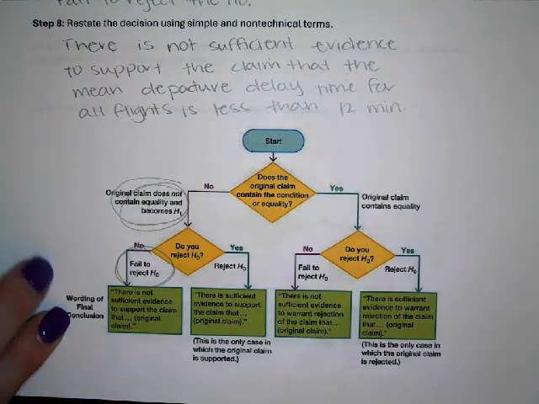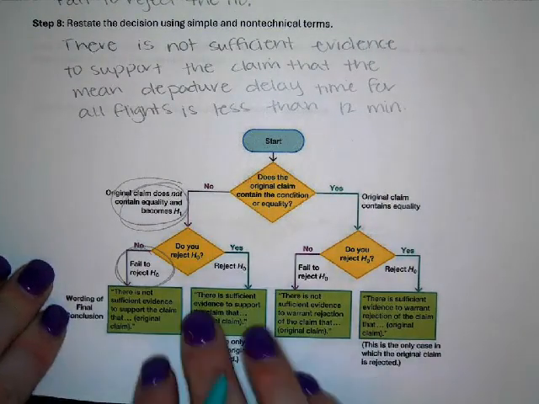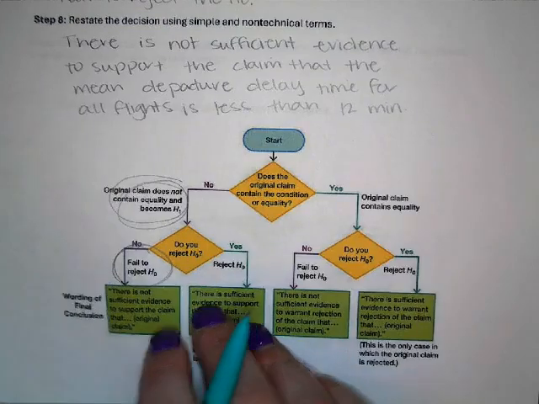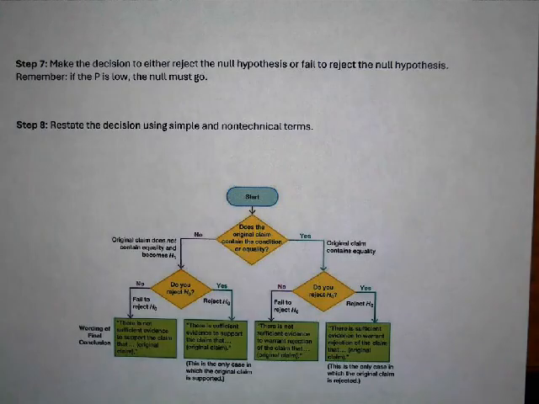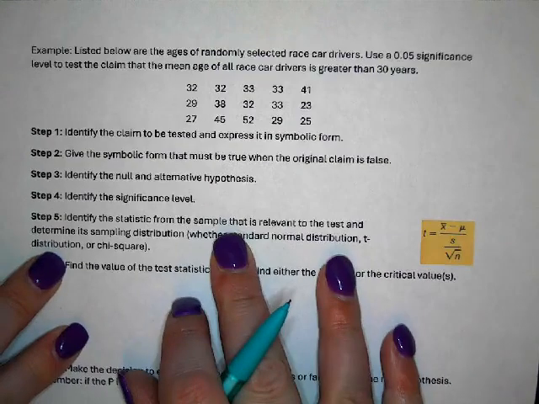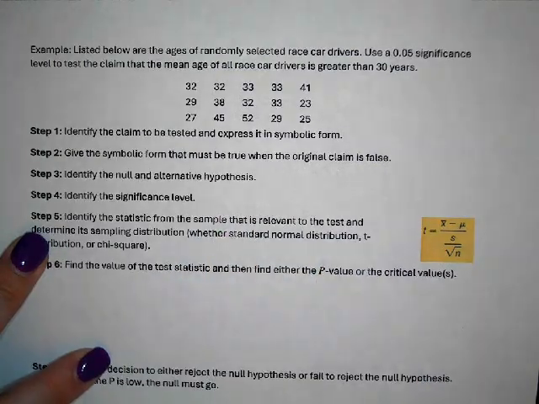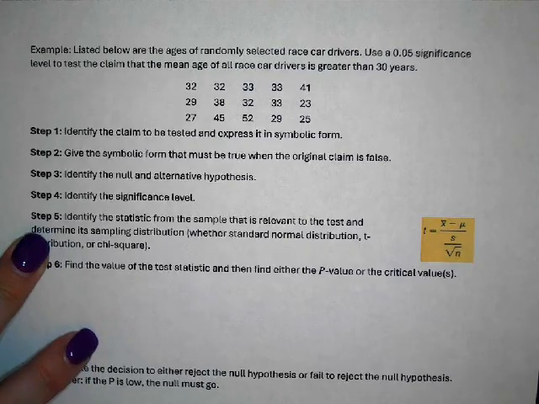All right, and we have one last example to do. This example says, listed below are the ages of randomly selected race car drivers. Use a 0.05 significance level to test the claim that the mean age of all race car drivers is greater than 30 years. So the claim to be tested is that mu is greater than 30.